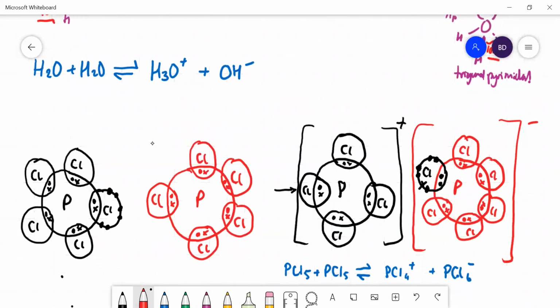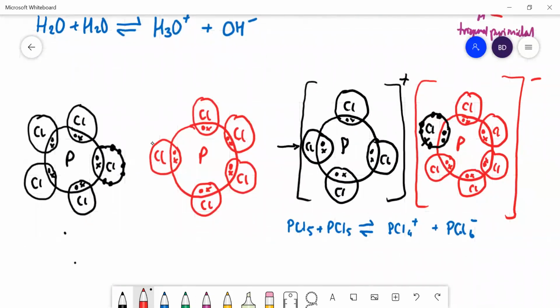Right. This one now is very similar to the one above, but this is with PCl5. Apparently, PCl5, if you melt it, is a covalent compound, so it shouldn't conduct electricity, but it does conduct a little bit because it doesn't all stay as PCl5.